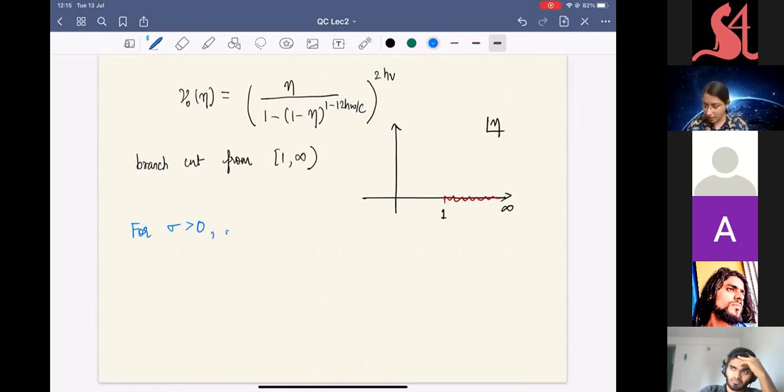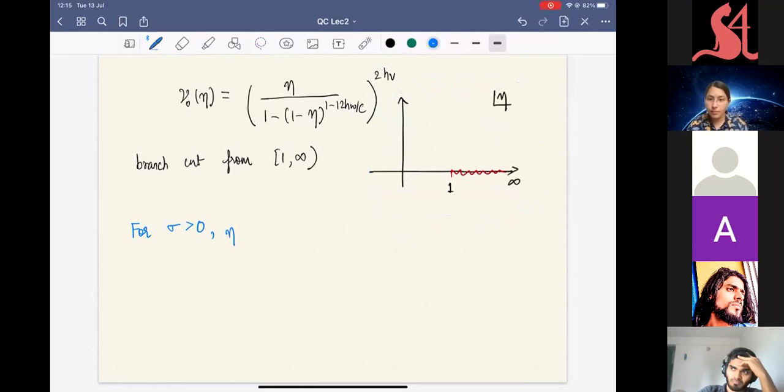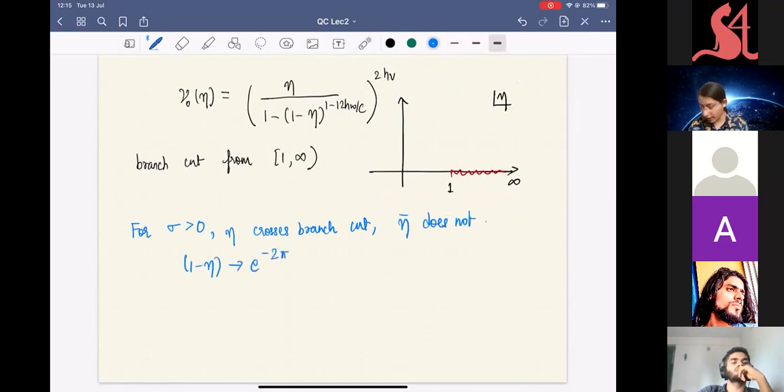In that case, the cross ratio eta crosses the branch cut, whereas eta bar does not. So 1 minus eta goes to e to the power minus 2 pi i times 1 minus eta.